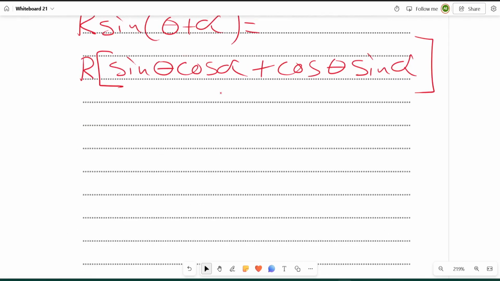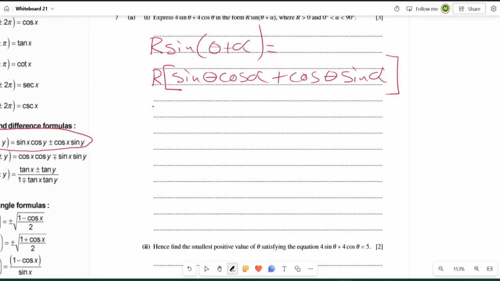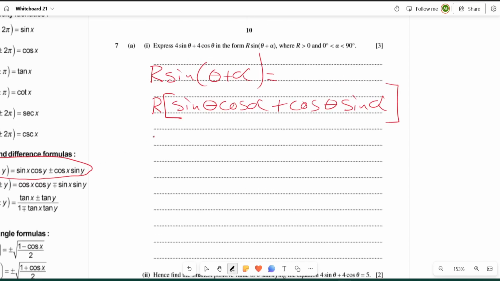If I multiply the r on both sides, I'm going to have r cosine alpha sine theta plus r sine alpha cosine theta, and this should all equal this part, 4 sine theta plus 4 cosine theta.